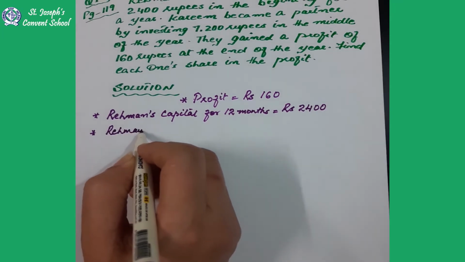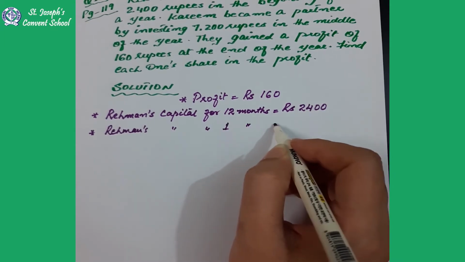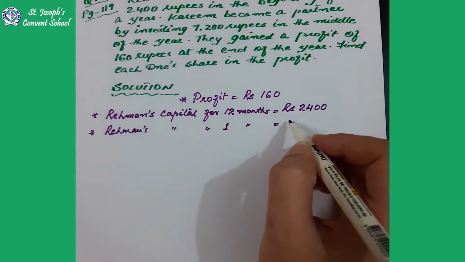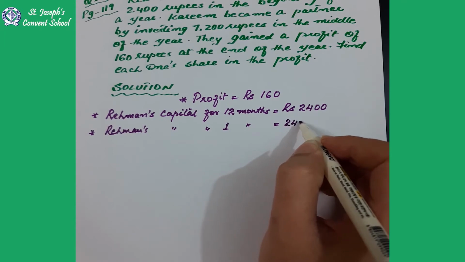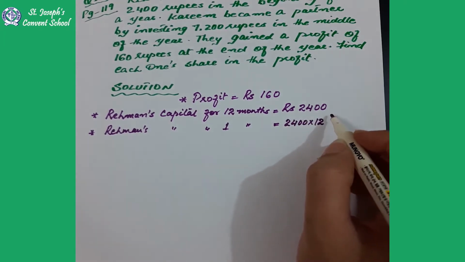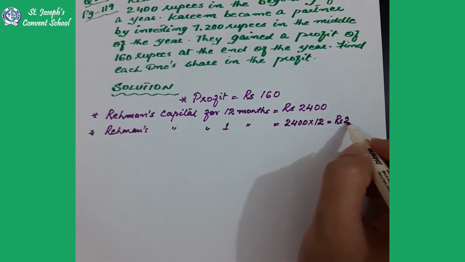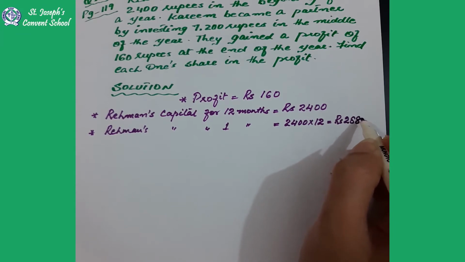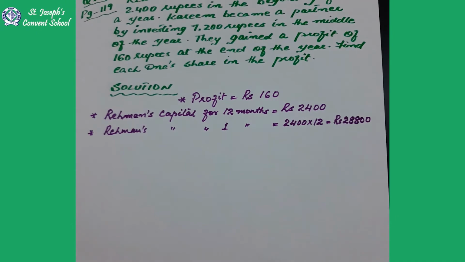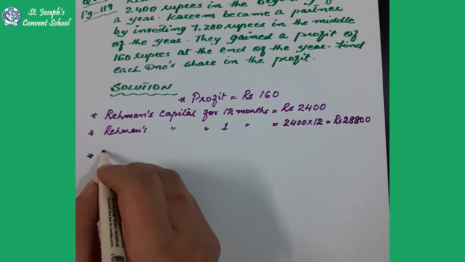Rahman's capital for 1 month is 12 into 2400. So the answer will come rupees 28800. 28800 is the amount.